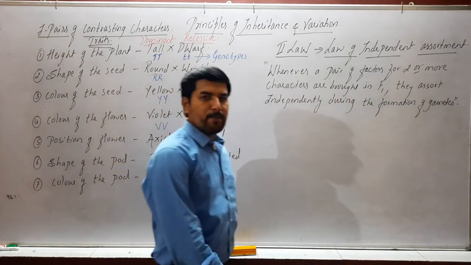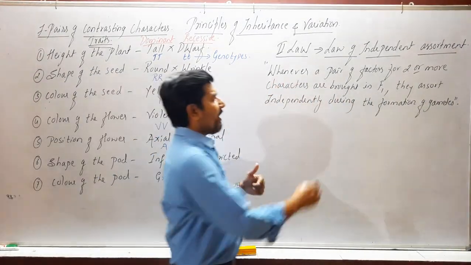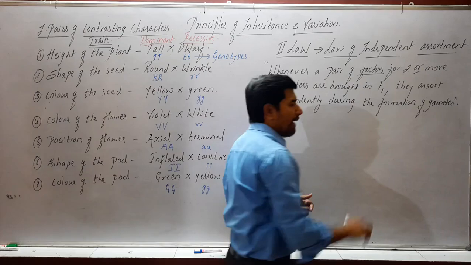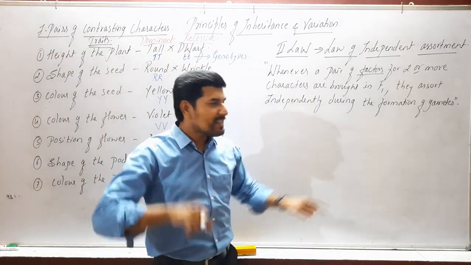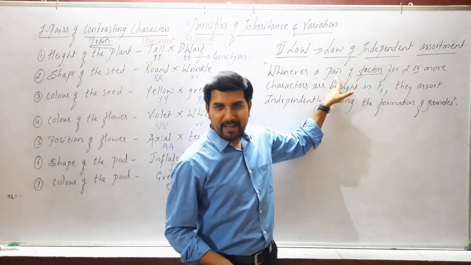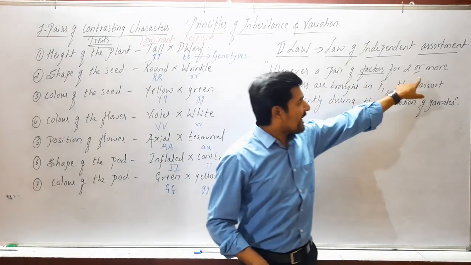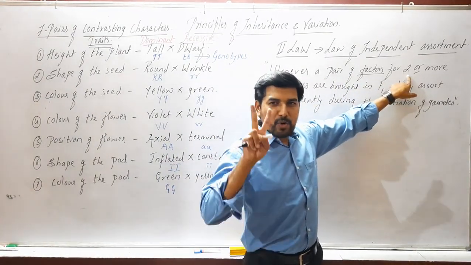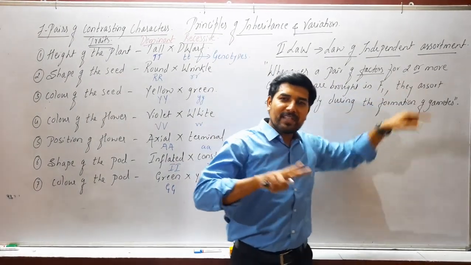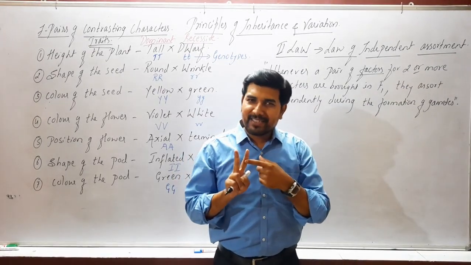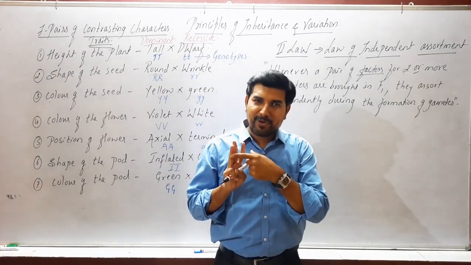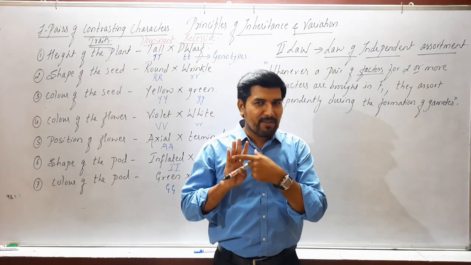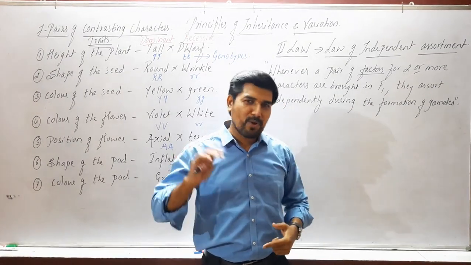Now look at this part. According to Mendel, factors means genes are always present in pairs. This we already know. But look at the characters. How many characters are selected? Two or more. If there are two characters, we call it a dihybrid cross. If there are three characters, we call it a trihybrid cross. If there are four, we call it a tetrahybrid cross, and so on.